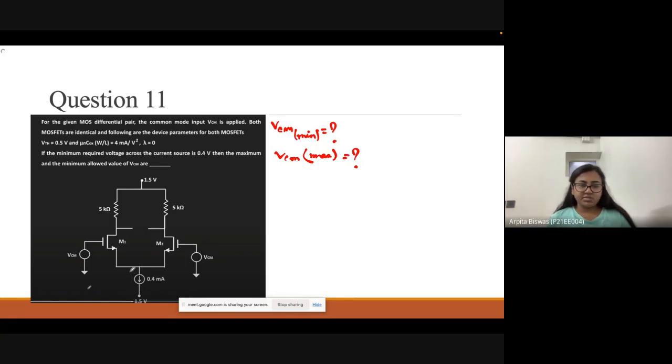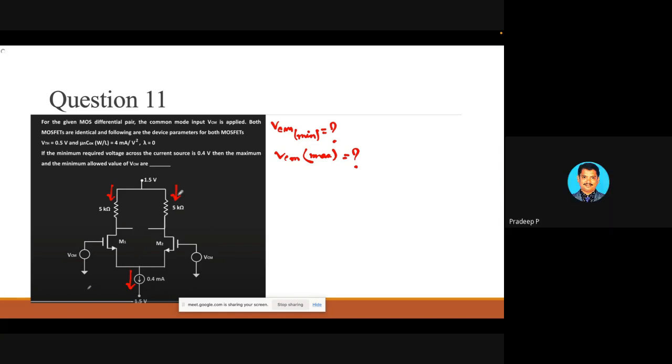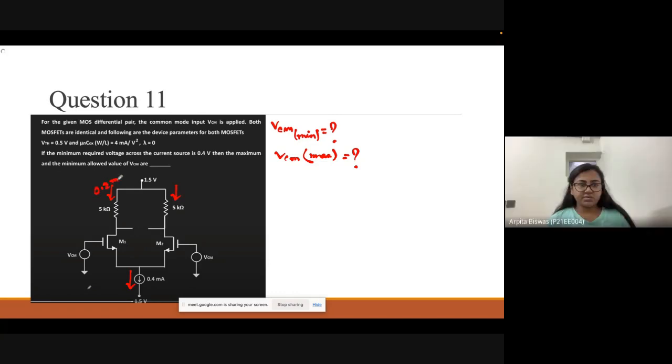See here, 0.4 milliamps current is flowing. So how much current is flowing from this side and how much from this side? Yes, 0.2 milliamps, and this side also 0.2 milliamps. So can we write here, this is ID1 and this is ID2.